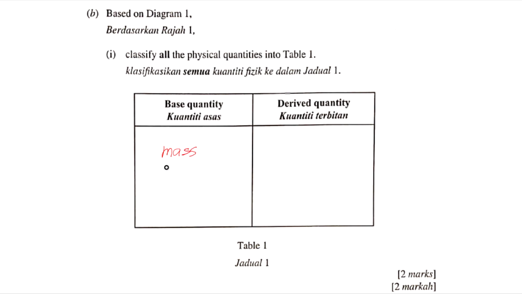Temperature also is a base quantity. What about volume? Volume can be derived from other physical quantities, so it will be under derived quantity. So this is mark 1, both correct, and then this is mark 2. So the total is 2 marks.